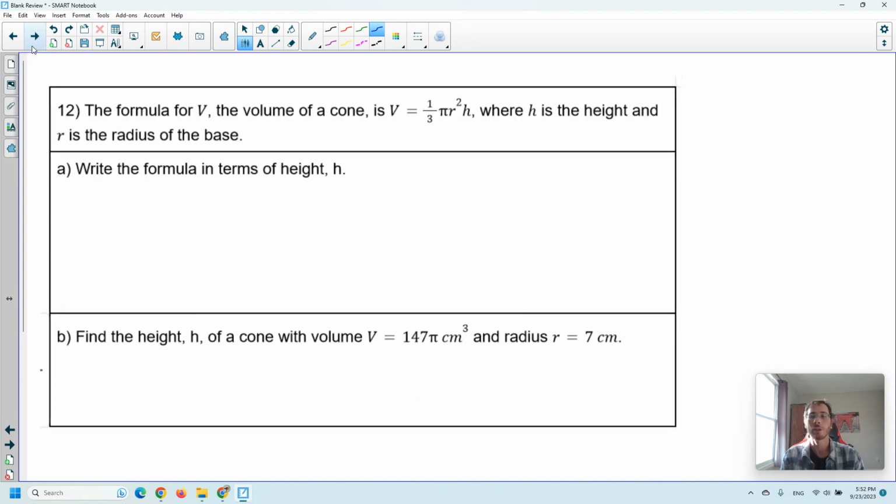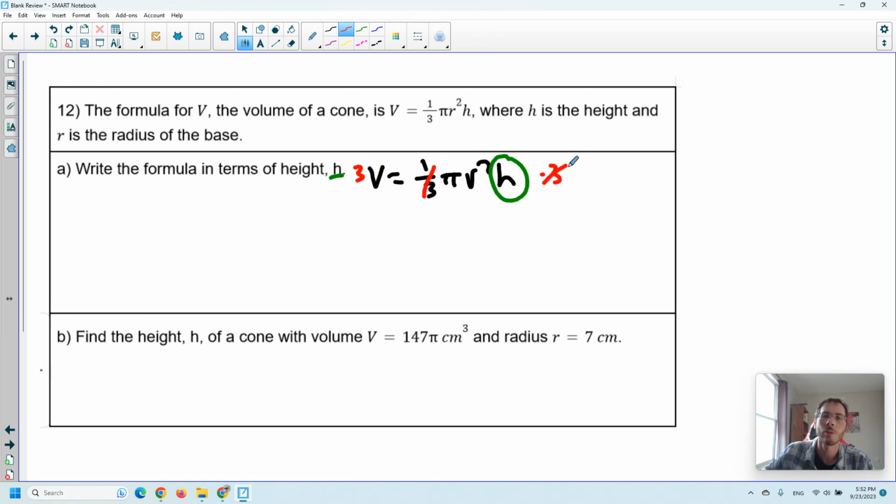All right, looks like we got another one of them. That's okay, works for me. Write the formula in terms of the height h. Again, I'm going to write it down here to give myself a little bit more space. This time I'm solving for h, so I'm going to circle the h. I can see I'm dividing by 3, so kind of like the last one, I'm going to multiply both sides by 3.